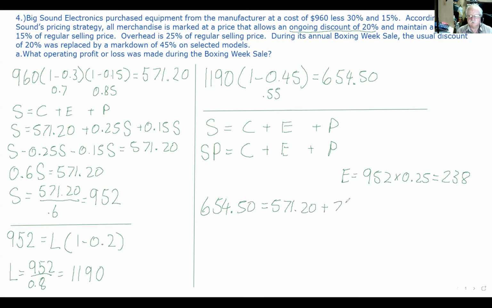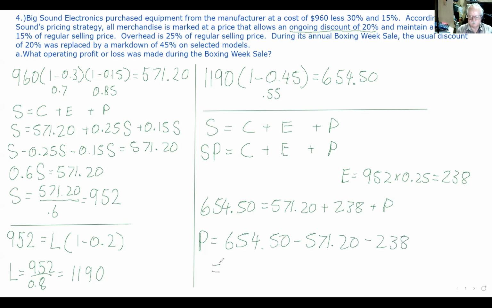Their expenses are $238 plus P. So when we solve this, we're going to get P equal to $654.50 minus $571.20 minus $238.